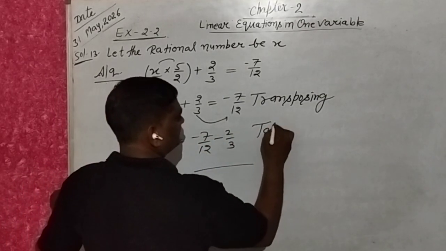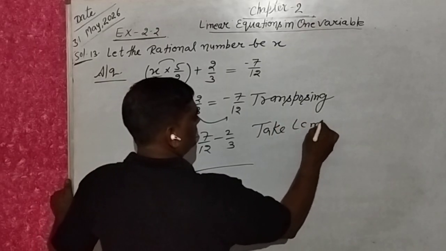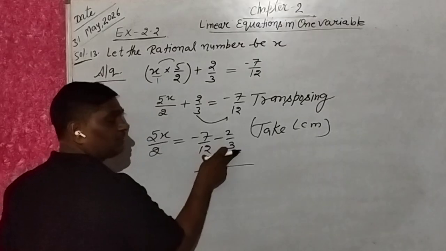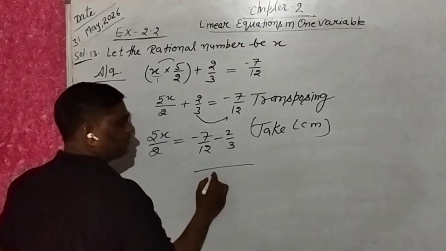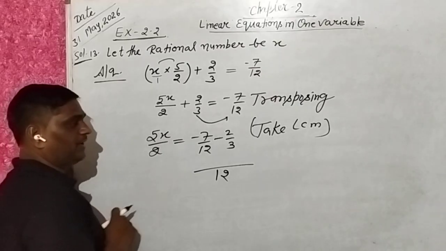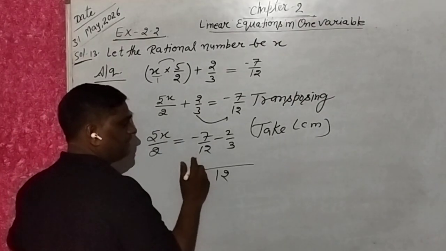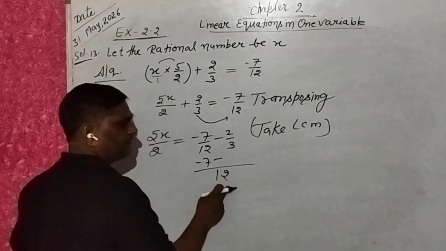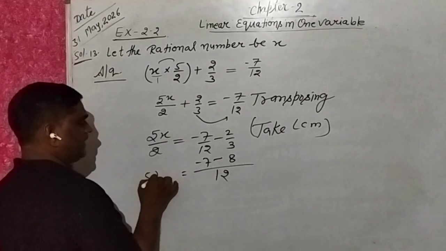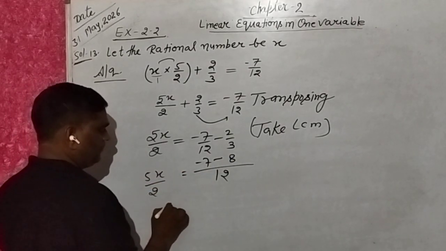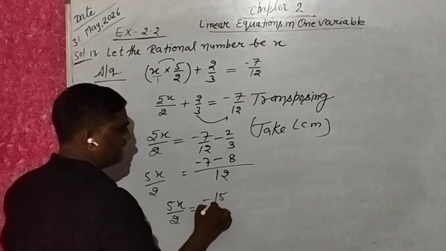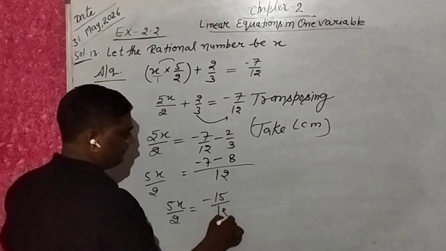Take the LCM, which is 12. 12 into 12 gives minus 7 minus 8, so 5x upon 2 is equal to minus 15 upon 12.